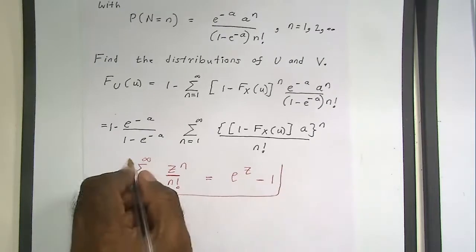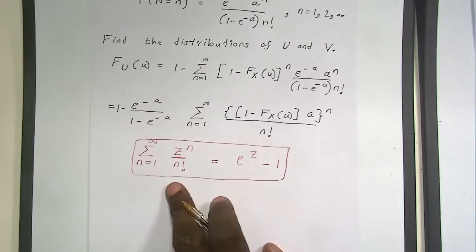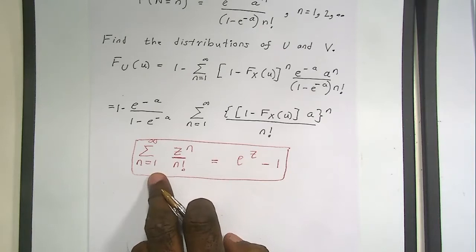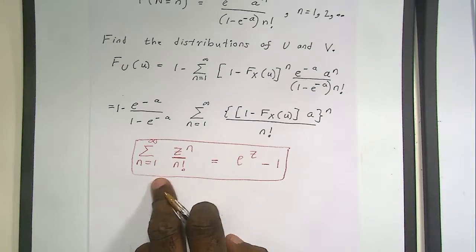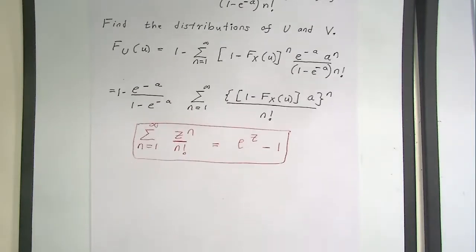Do you guys know this result? This is basically the Taylor series expansion of the exponential, but without the first term. Yes. So this sum is equal to this, right? That's what I'm going to use in the next step.